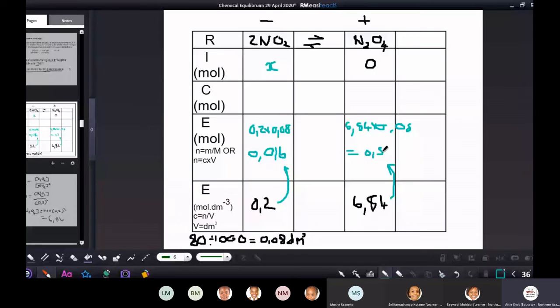So now the change would have been 0.5472. Why do I say that? Because 0 plus 0.5472 is 0.5472.